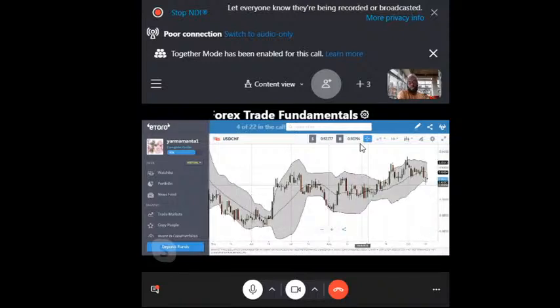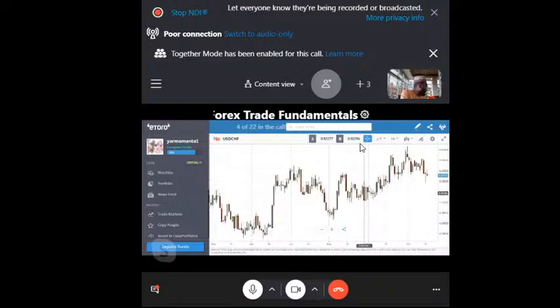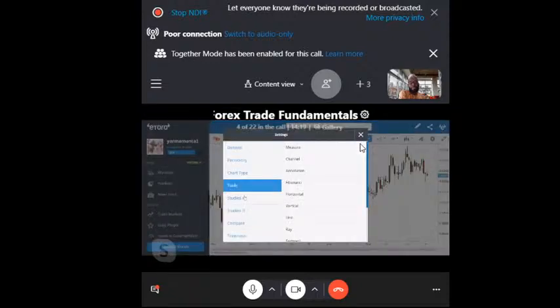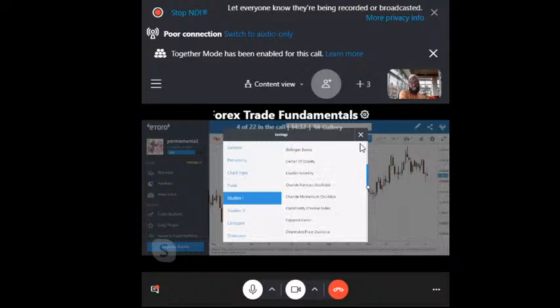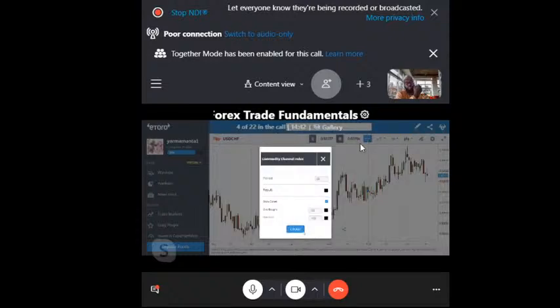Okay, we remove Bollinger Bands and we apply CCI. As usual, we go to our tools and then we will find it under Studies. We look for Commodity Channel Index. Commodity Channel Index is there. Then you create.